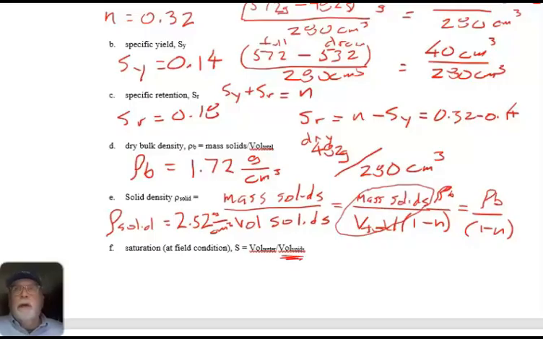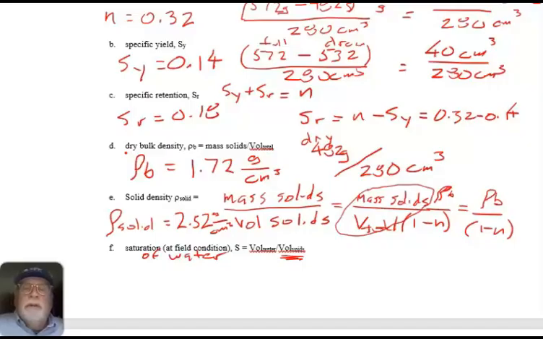And actually, we can have the saturation of water, the saturation of air, the saturation of, if we have a spill in there like we did with the underground storage tanks, the gasoline, or what we call a non-aqueous phase liquid. But the saturation, we're usually talking about water here. So the saturation, and we can talk about it at the field condition. So I'm going to write in here of water.